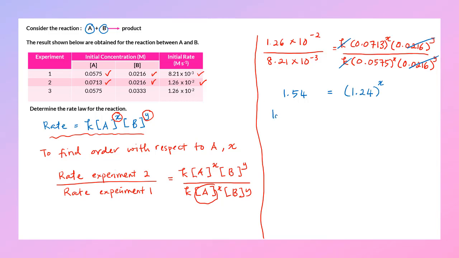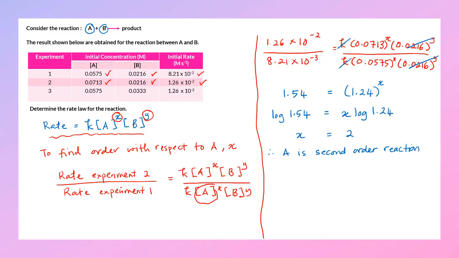So this is log 1.54 equals X log 1.24, and solving, you will get the X value supposed to be 2. Do not leave your answer with the value of X. You must write therefore, or thus, A is a second order reaction.